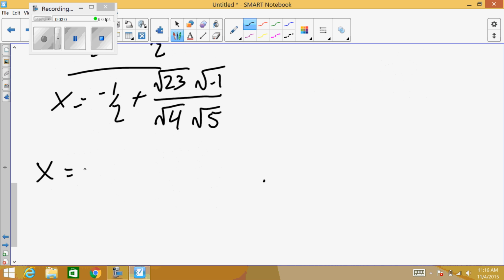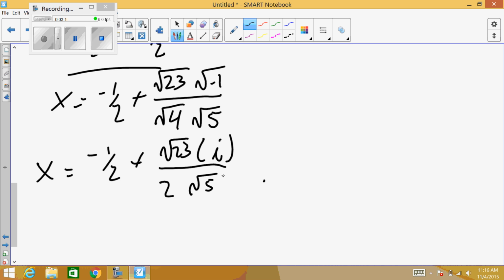So doing what we can here, negative 1/2 plus the square root of 23 does not work out nice. We've got an i from our square root of negative 1. Square root of 4 is 2, square root of 5. Okay, I need to rationalize that expression now, which means that I need to multiply top and bottom by the square root of 5.